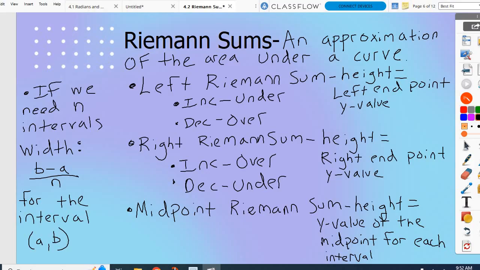Like on the one we did yesterday, we were going from 0 to 10. So if instead I had said that we wanted 20 intervals, we would have to do 10 minus 0 divided by 20. So our width would have been 1/2 instead. Does that make sense? Because sometimes the question will give you a specific number of intervals that it's wanting you to use.